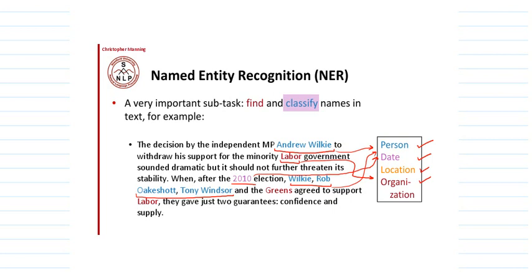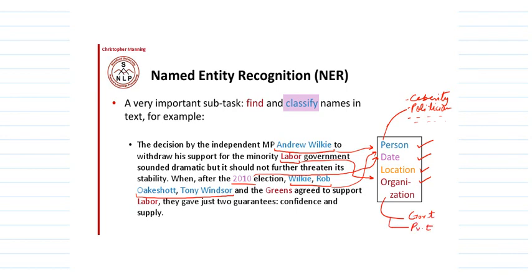We can now categorize persons into subcategories such as celebrity and politician, and we can have different kinds of entities. Similarly, we can categorize organizations into, let's say, government organization or private organization.